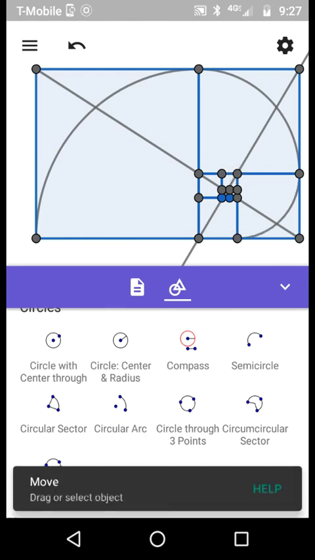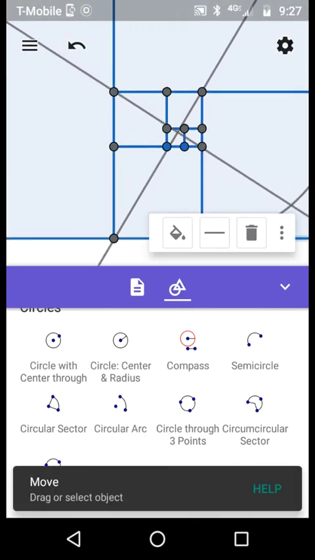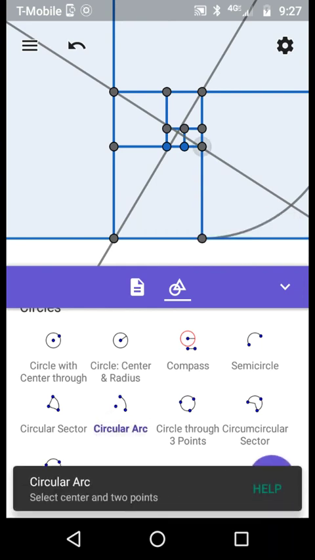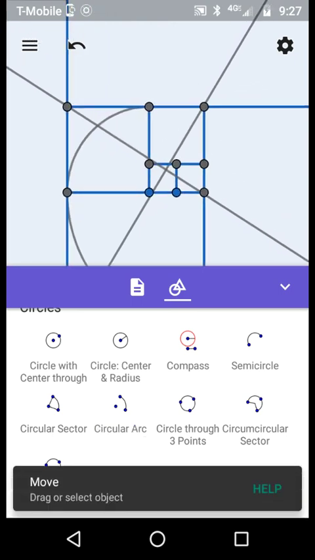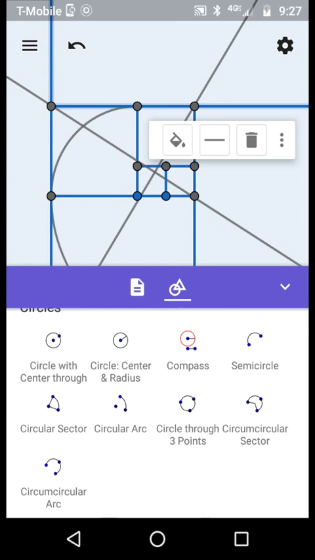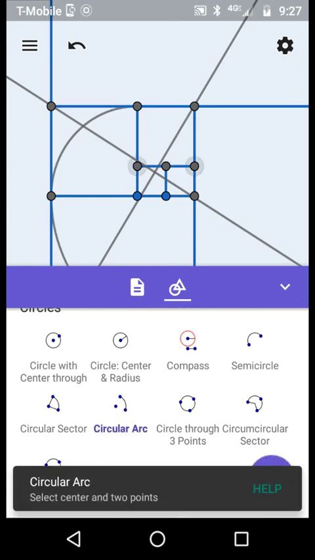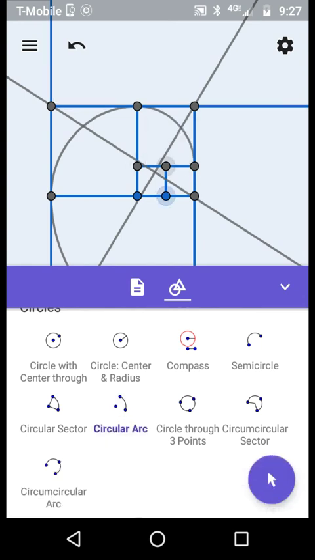I'm going to have to zoom in because there's a lot of dots there. All right. Let's zoom in some more. Boom, boom, boom.